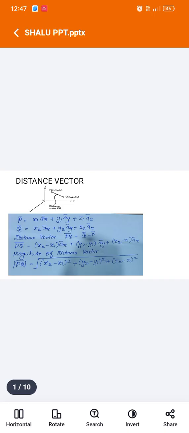So PQ vector is equal to (x2 minus x1) ax vector plus (y2 minus y1) ay vector plus (z2 minus z1) az vector. Then the magnitude of the distance vector is equal to modulus of PQ vector. Modulus means root value. So root of (x2 minus x1) square plus (y2 minus y1) square plus (z2 minus z1) square.